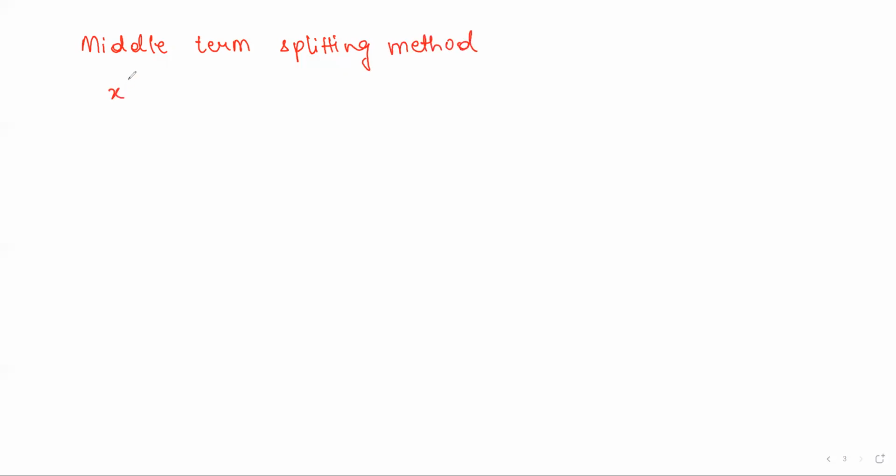Let's see, you have the equation x squared minus x minus 12 equals 0. Now we know that this is a quadratic polynomial, degree 2. It can be represented in the form x minus a into x minus b.